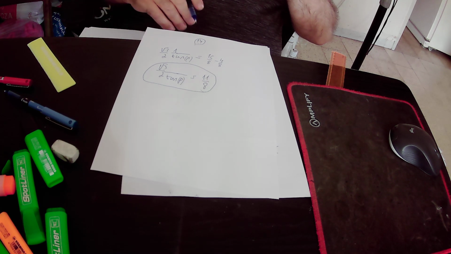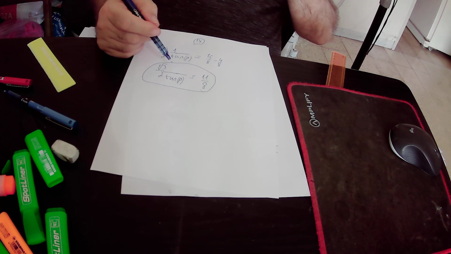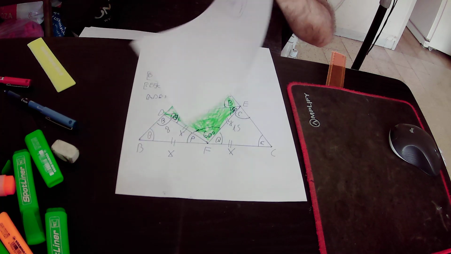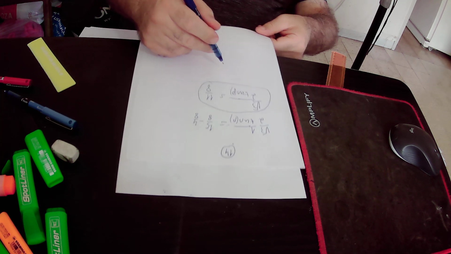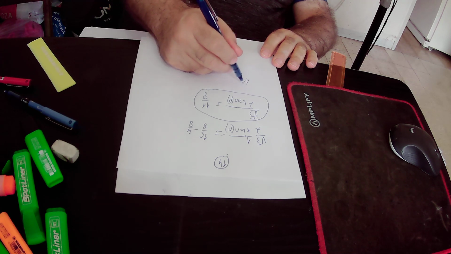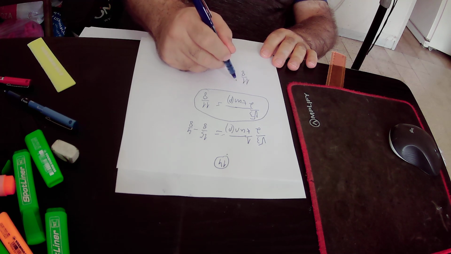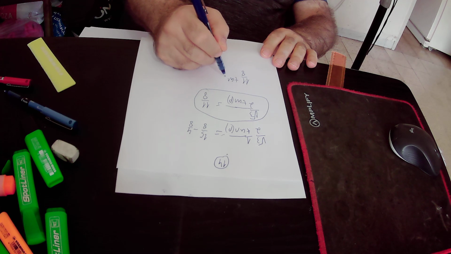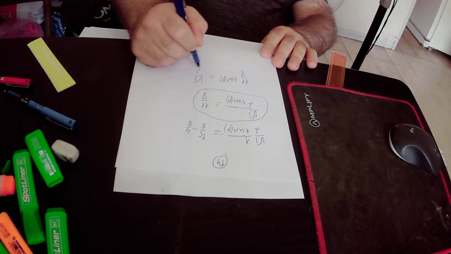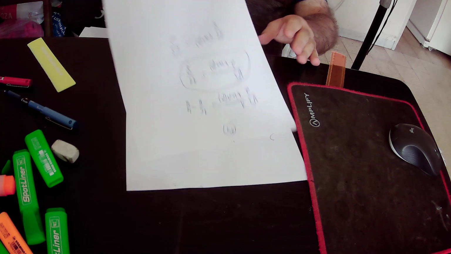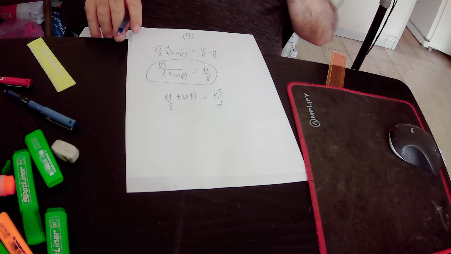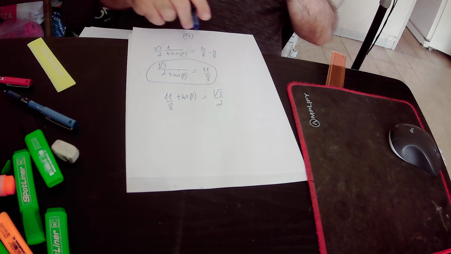So here we will multiply this equality by tangent p in order to get the value of tangent p. We will get that 11 over 8 times tangent p equals to root 3 over 2.